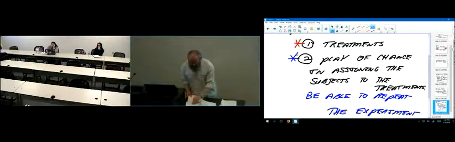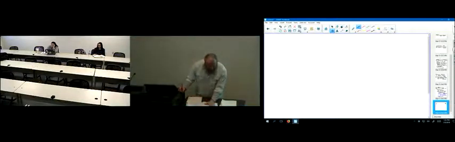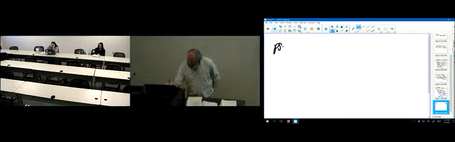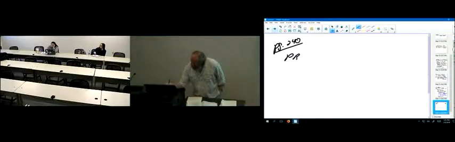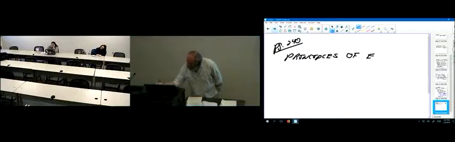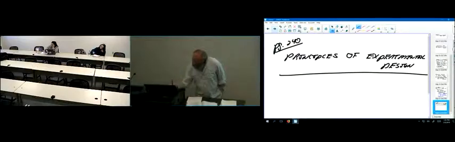Now, I got a little box here I want to point out to you on page 240. And there's a little box and it says, principles of experimental design. These are good principles to follow. All of our well-designed experiments follow these 3 principles, and the first one is control.